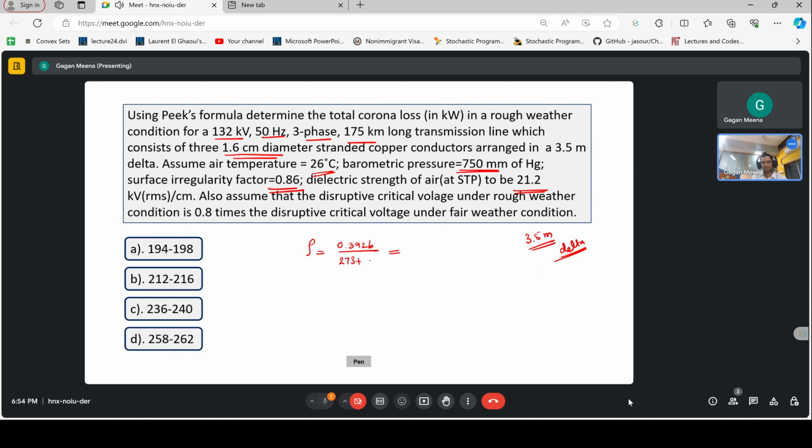This is 0.983, the air density factor, and this is the surface irregularity factor, and the dielectric strength of air G is also given as 21.2 kV RMS per centimeter.